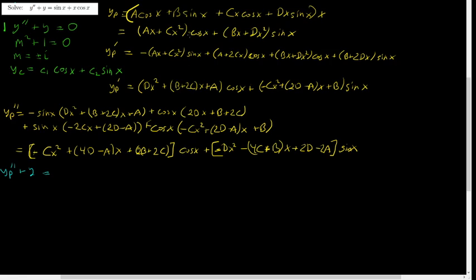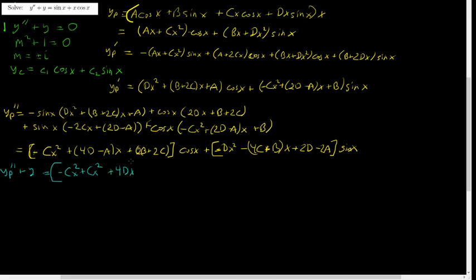We have cosine and then this cosine up here for the yp. So combining everything, we get minus cx squared plus cx squared. That's convenient. And then we have ax minus ax, 0. And then we have 4dx.